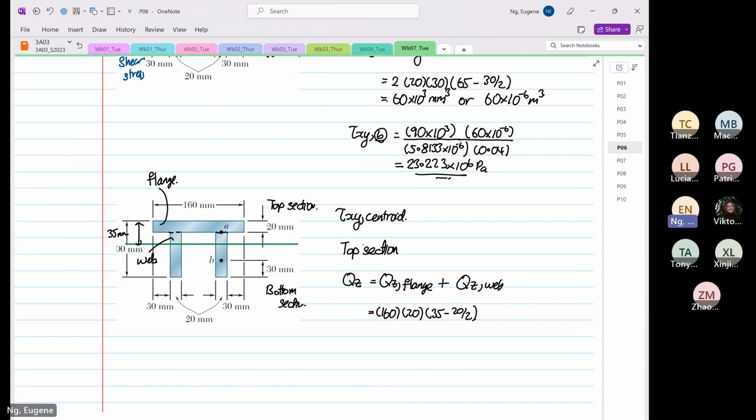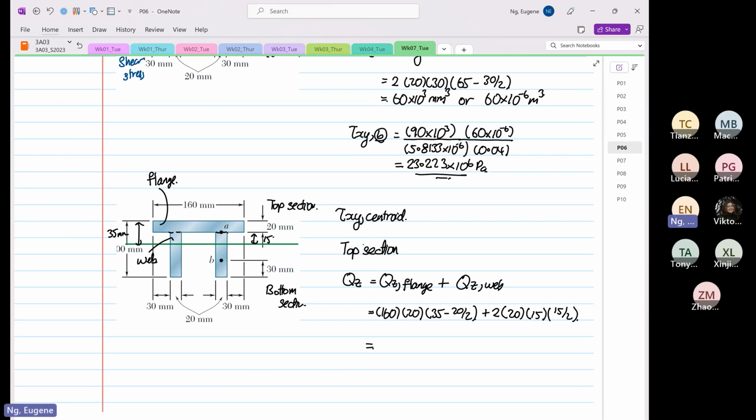Let me check again: 35, 20 divided by 2, correct. Then the web, plus twice: the width is 20, and the depth, we know that this distance is 15, right? So it's 15 multiplied by 15 divided by 2. That is the Y bar.